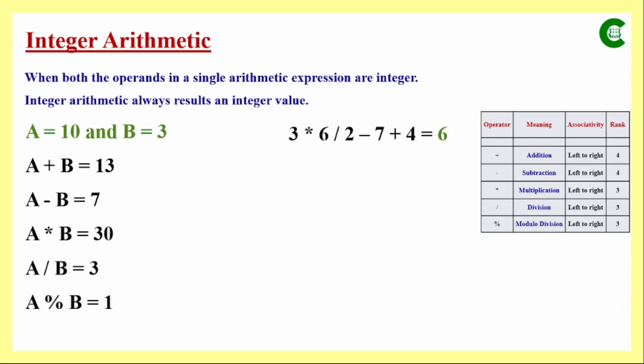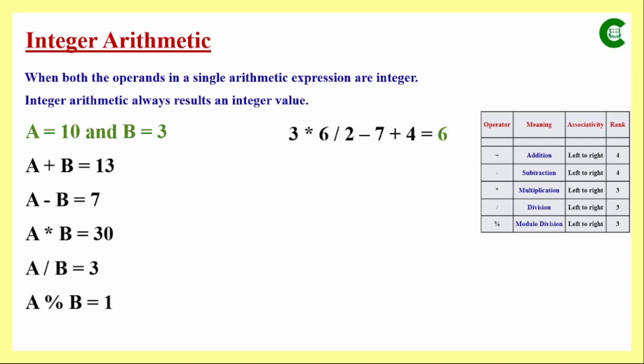Now what is rank? In this type of expression where we have multiple operands, which one to perform first? In classical mathematics also, that we have studied at school level, we have a rule, and according to that rule we perform those operations. In programming languages also we have that set of rules.